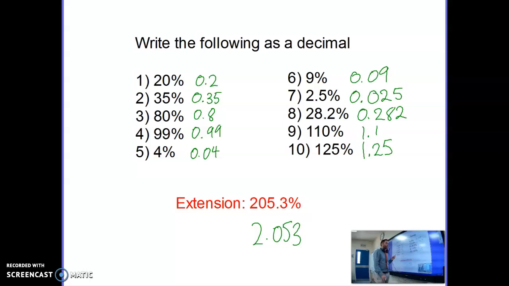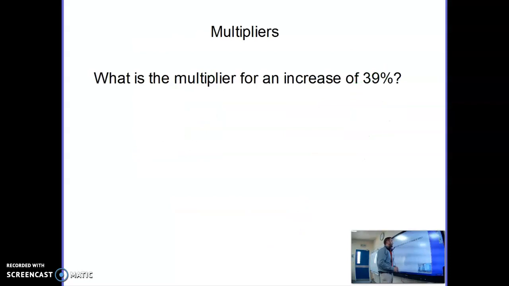Knowing how to convert from a percentage to a decimal is really important for percentage increase and decrease using a multiplier. Okay, so a multiplier.